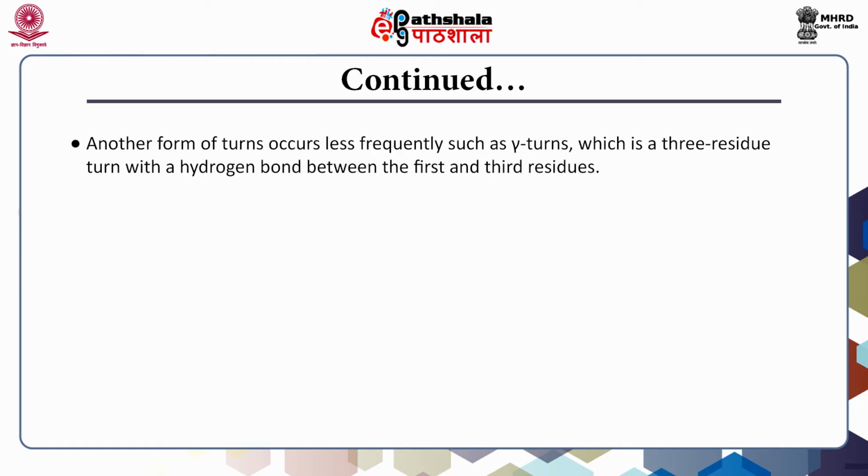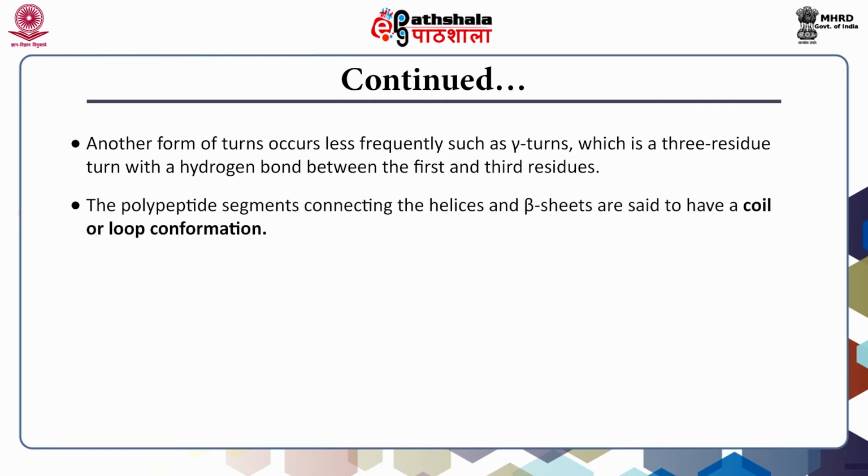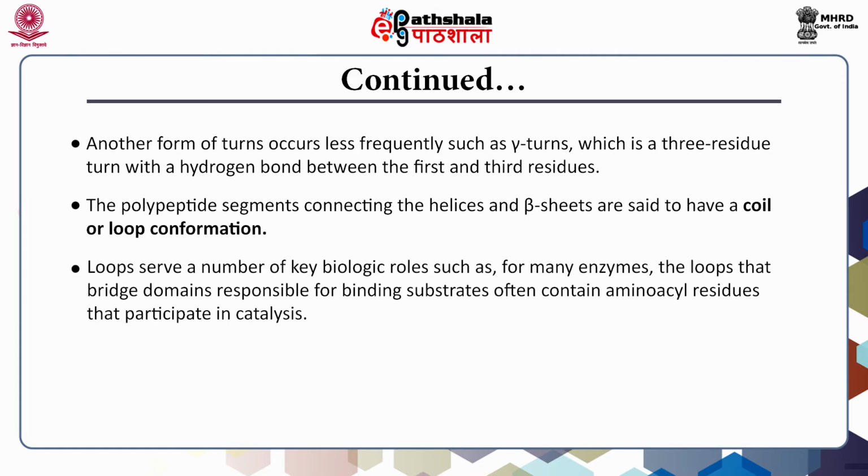Another form of turns occurs less frequently, such as gamma turns, which is a 3 residue turn with a hydrogen bond between the first and the third residues. The polypeptide segments connecting the helices and the beta sheets are said to have a coil or loop conformation. Loops serve a number of key biological roles.